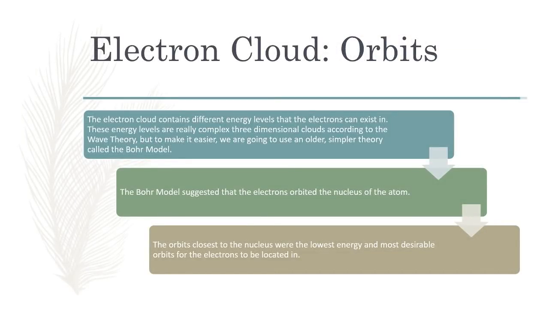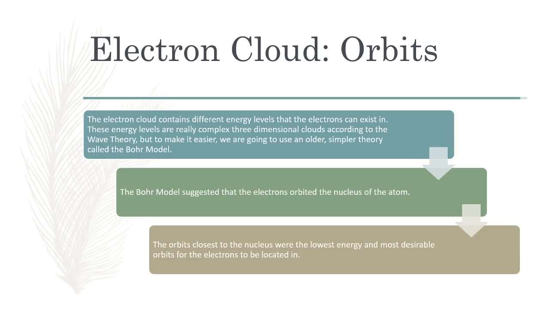The electron cloud has these different energy levels, okay? And ultimately, the electron clouds are these crazy three-dimensional shapes, spheres and dumbbells and this flower shape and stuff that are really cool. But for simplicity's sake, we're going to use what's called the Bohr model. The Bohr model doesn't visualize just how crazy reality really is.